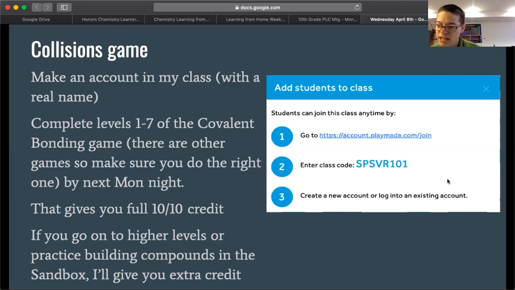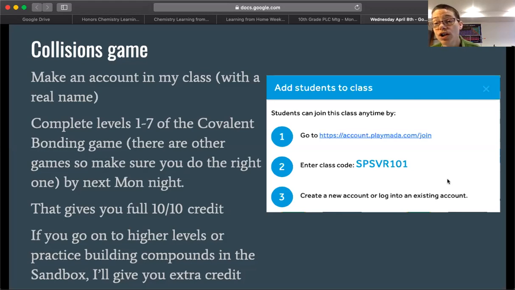And when I say full credit, I mean 10 out of 10. So this is an assessment. So it's actually pretty easy to get to that full 10 out of 10 credit with levels 1 through 7. Now, I will say some people might want to boost their assessment score. So I am providing an opportunity for you to do that.